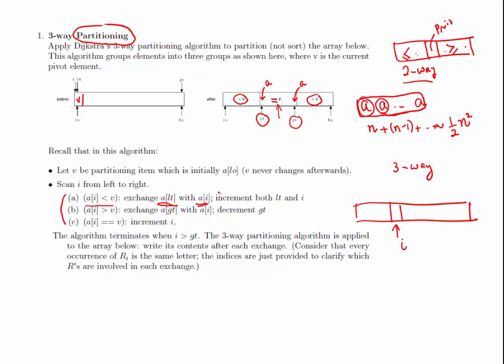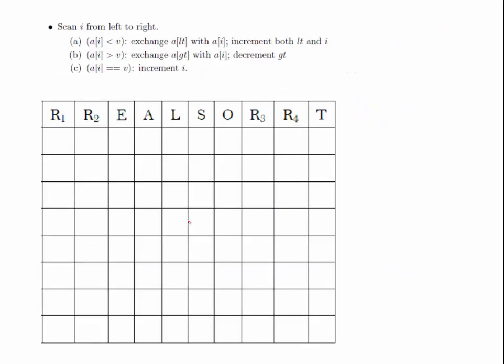If S of I is greater than the pivot, then we want to exchange that with the GT element. And you will see this when we do the example. If A of I is equal to V, increment I. When I is strictly greater than GT, we end this algorithm. So let's apply this algorithm to this particular example.